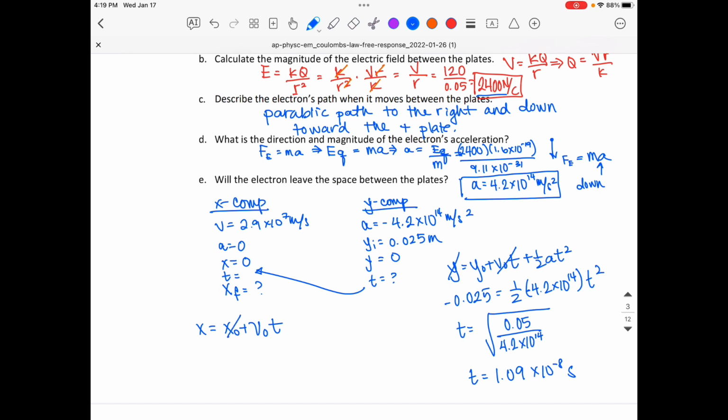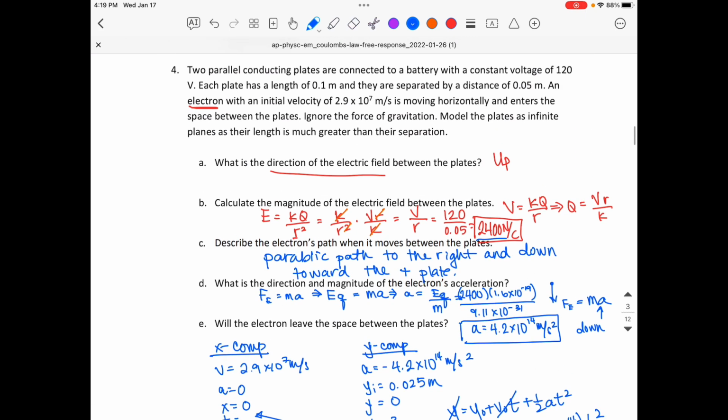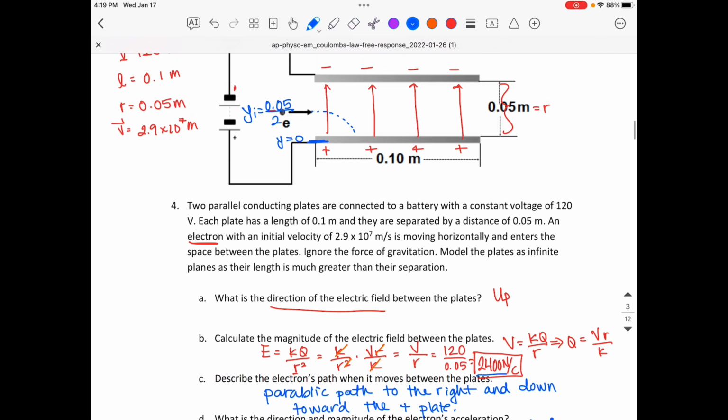My initial position is 0, so x is equal to 2.9 times 10 to the 7th times a time of 1.09 times 10 to the negative 8th. And I get 0.31 or 0.32 meters. And when I compare that to the position here, as it's being launched, 0.3 meters is going to be all the way out here.